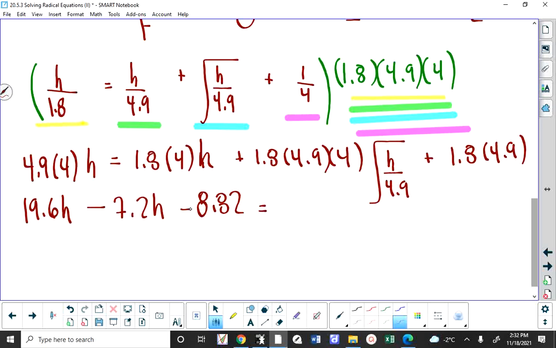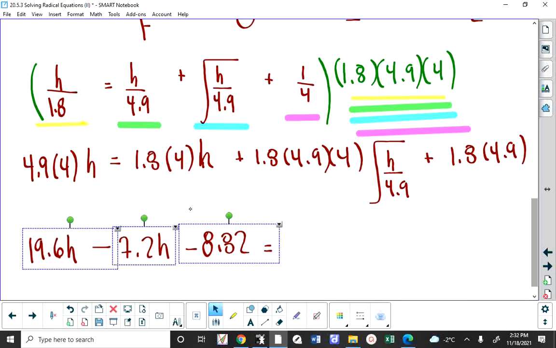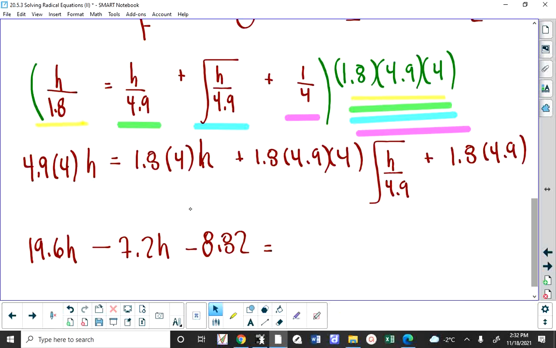And this is going to be equal to, let's figure out what 1.8 times 4.9 times 4 is. 35.28. Thank you. 35.28 root h over 4.9.